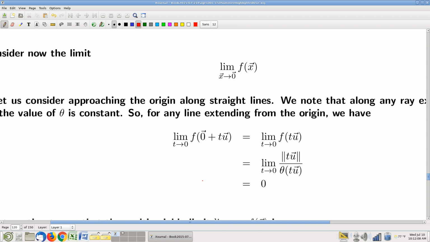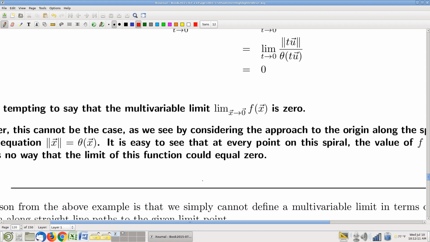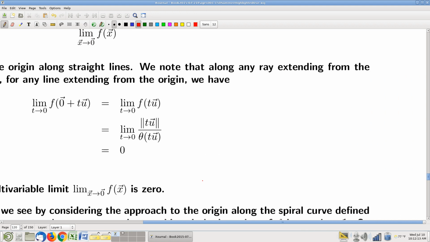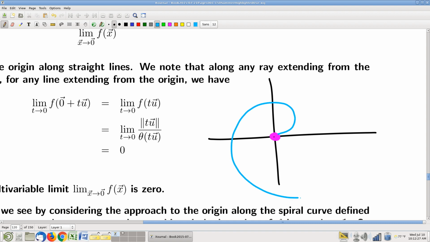Impossibly wrong. And here's why. I'm just going to consider a different path. Let me draw a picture here. Here's my domain. Here's the origin that we're approaching. And let me consider this curve here. This is a spiral. It's hard to draw very well, but this is the spiral, r equals theta.